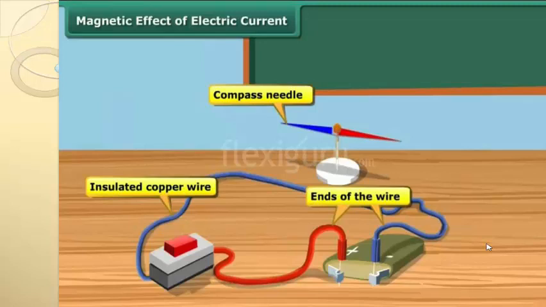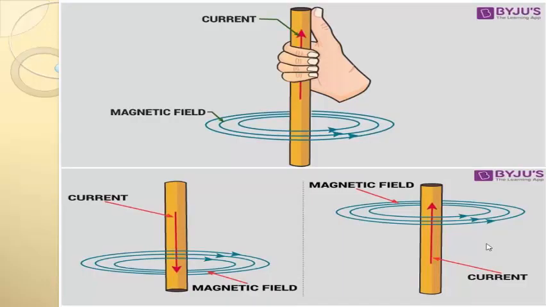The direction of magnetic field is given by Ampere swimming rule.